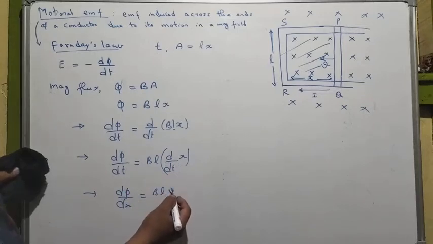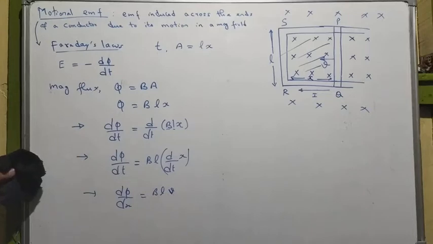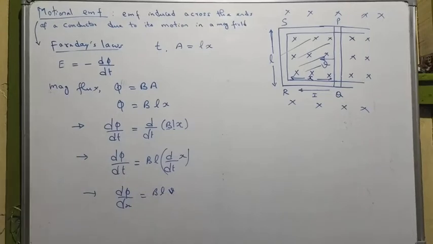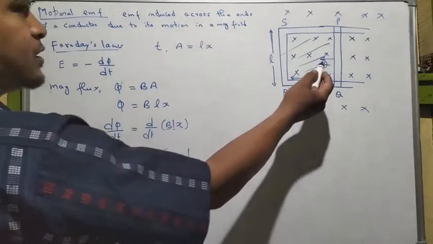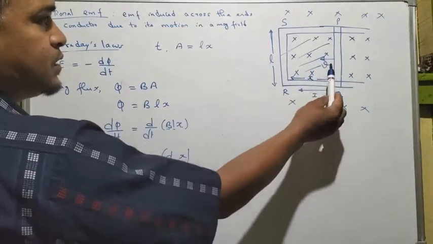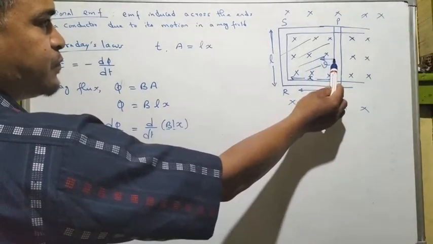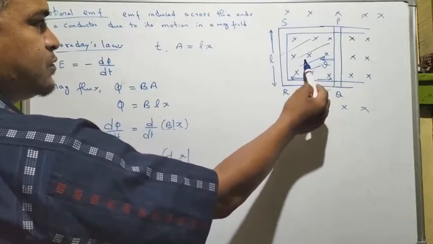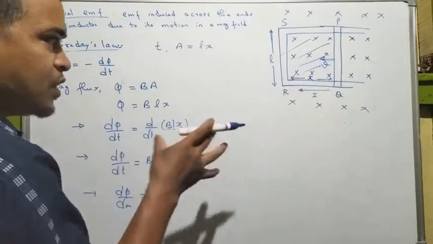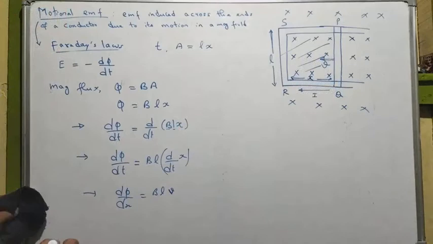If you write only velocity, I think this is incomplete, because when you look at the direction of velocity here, it is approaching this side, which means the conductor is moving into the region of smaller magnetic field.